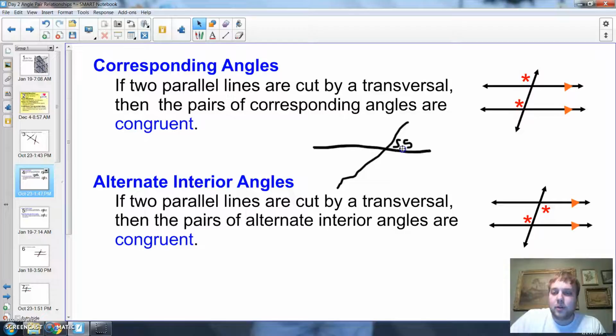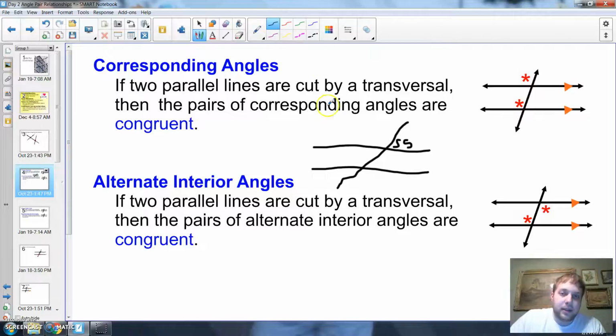So I just want you to understand this: parallel lines can be right on top of each other. So this angle is 55. Well, guess what if I move this down? It's the same line. Guess what this angle is going to be down here? It's going to be 55 again, because it's the same angle. If these are parallel, it's really the same transversal cutting through. We know it's going to be 55. So kind of keep that in mind.